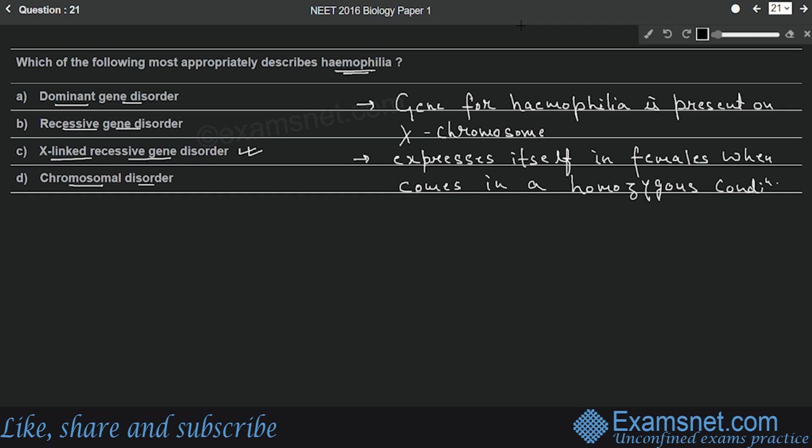Therefore, it is a recessive gene disorder. Okay, so this is X-linked recessive gene disorder. Therefore, option C will be the correct answer.